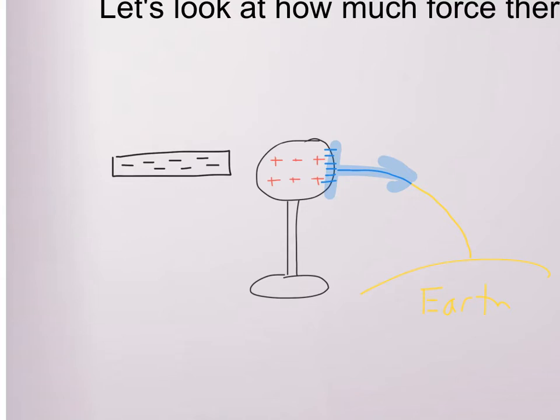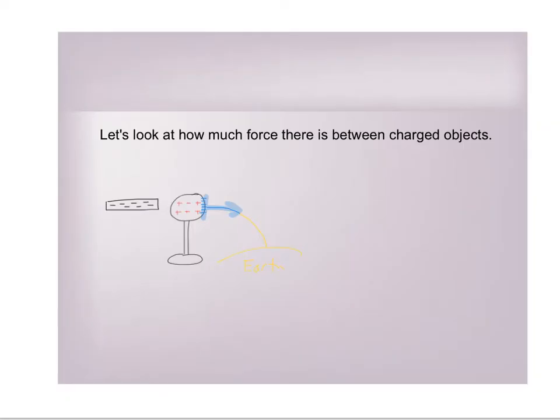And if the electrons have left the sphere completely, now what charge is the sphere? It has an overall positive charge. So this is an example in which grounding actually ended up charging the object that was neutral. So now that we've spent some time looking at how charges push and pull on each other, let's look at how much force they exert when they do push and pull on one another.